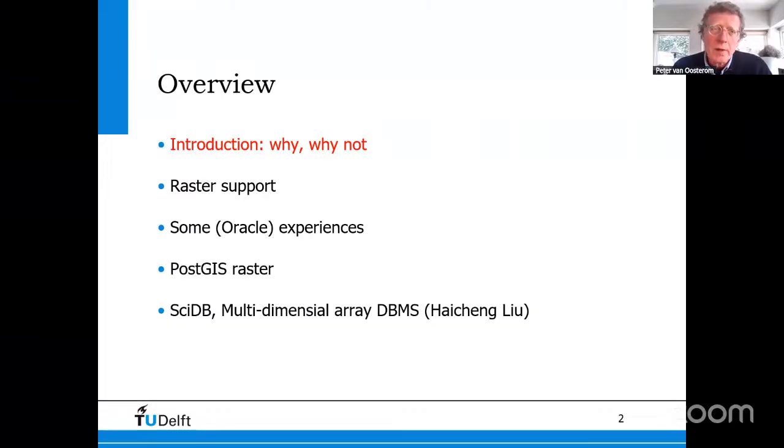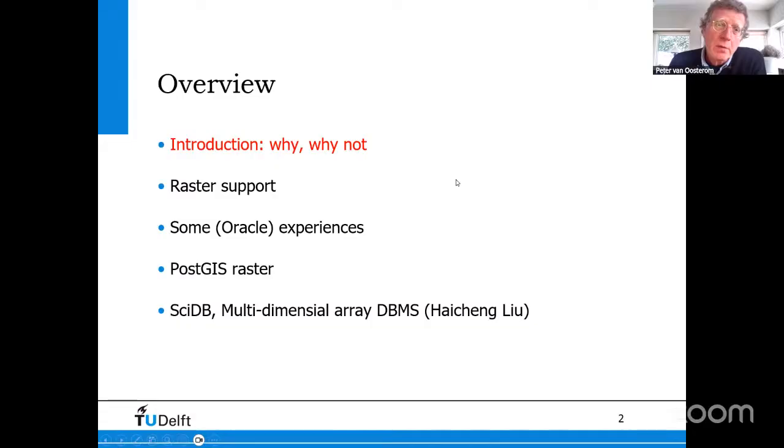Martijn showed also varioscale representations, but we did not have a look at raster data or image data in the database. So we'll first spend a moment to think, why is this relevant at all? Then we think, okay, what is needed from the database to support well the management of raster data.